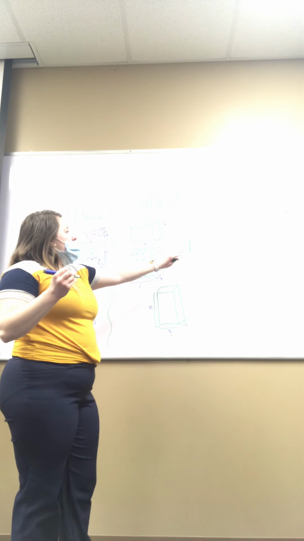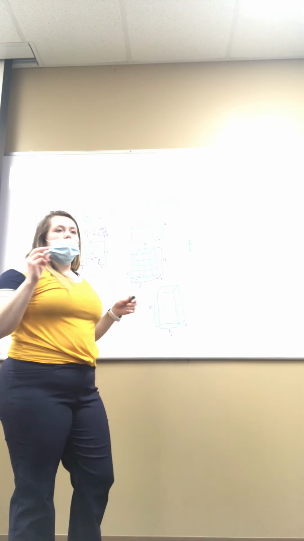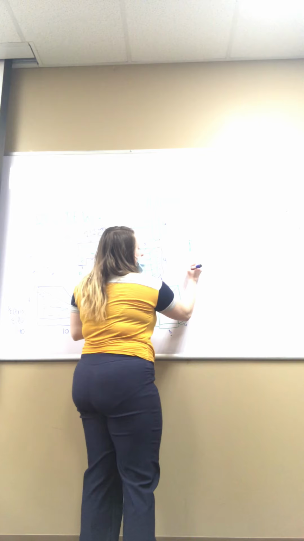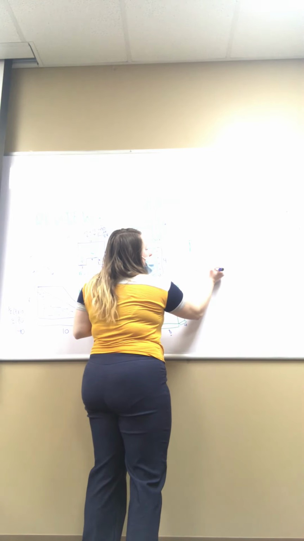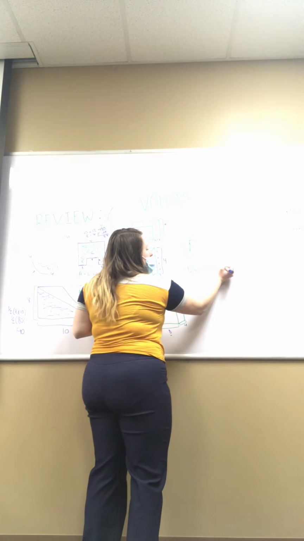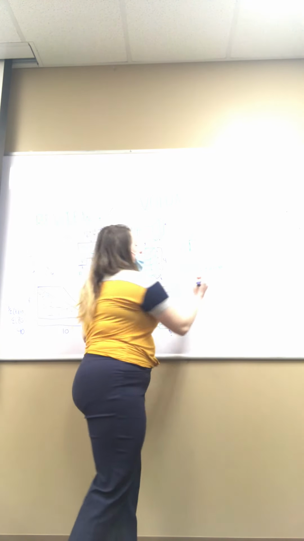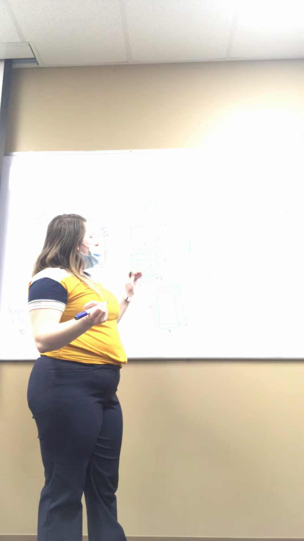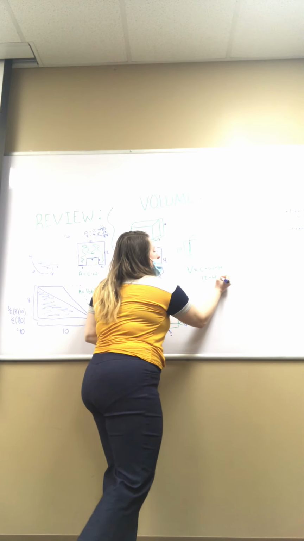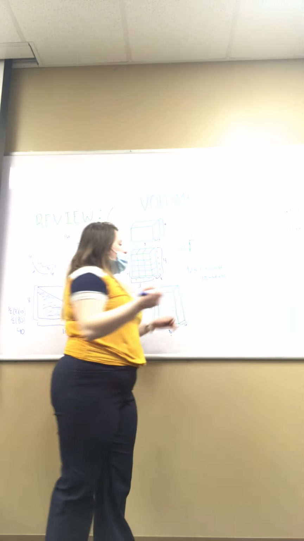Someone tell me what the formula to find the volume of a rectangular prism is. V equals length times width times height. Good. What is our length in this? 12. Good. What is our width? Oh, not 10. 4. Good. And our height? 10.